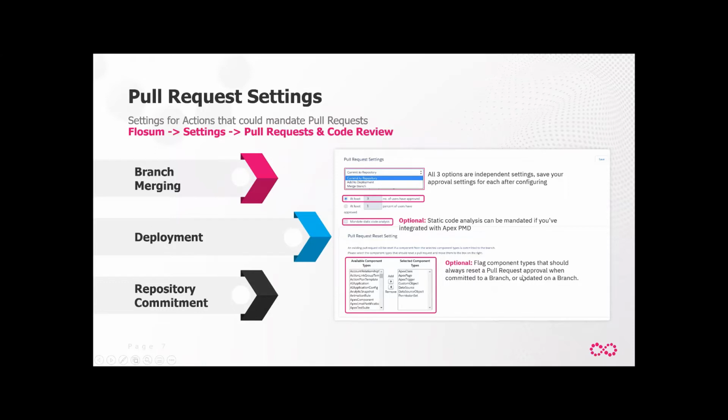If your organization is trying to be more stringent, monitor code levels for specific component types, this is where you could really focus in on those and make sure that those reset the status of the pull request and get folks back into a peer review if they make any changes to these components. And you'll want to save that when the time comes, all of your settings for those three actions.